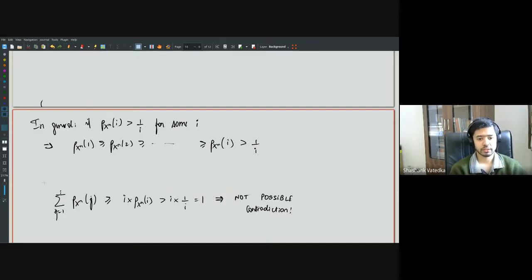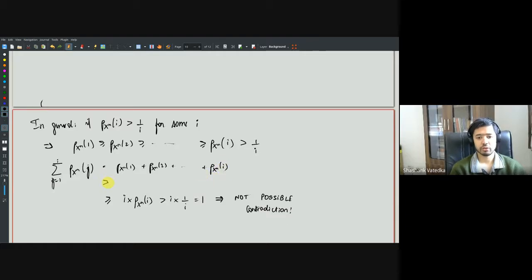All right, so now let us start with this expression over here. It is the summation j going from 1 through i. So I'll sum the probabilities of the first i largest probability terms. This is P_Xn of 1 plus P_Xn of 2, and so on up to P_Xn of i.